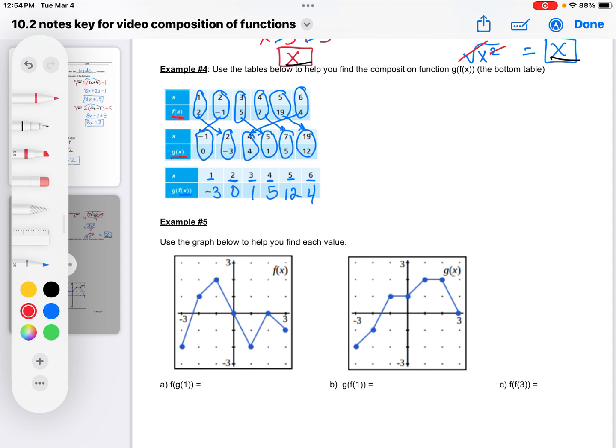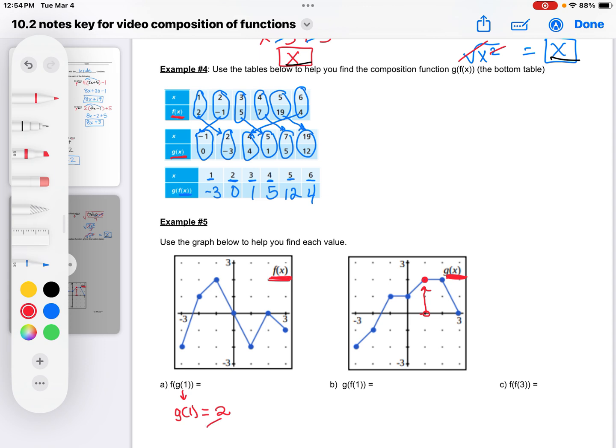All right, last one that we'll do is what if they are graphed? If I want f of g of 1, first I find g of 1. So notice that the first graph is f of x and the second graph is g of x. So when I want g of 1, I go to the g graph, look up where x is 1, the output value is 2, okay?